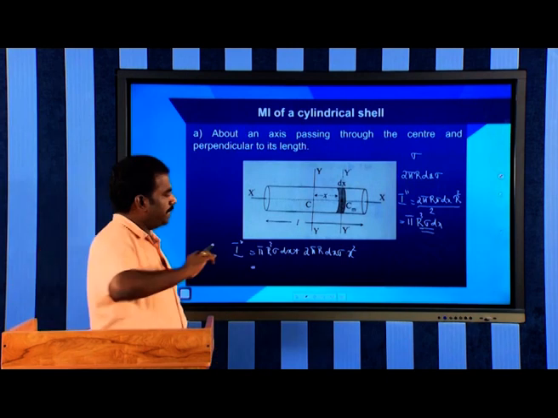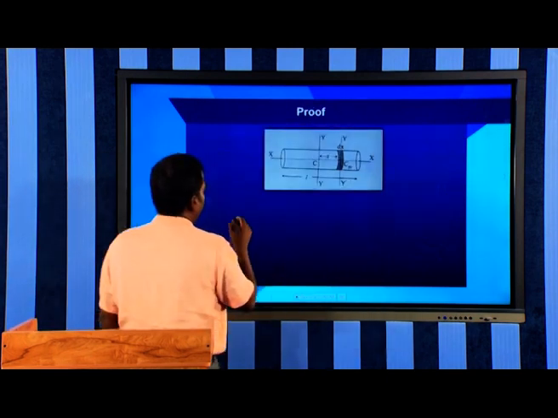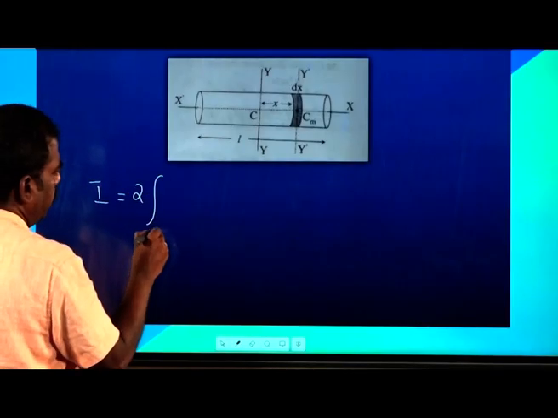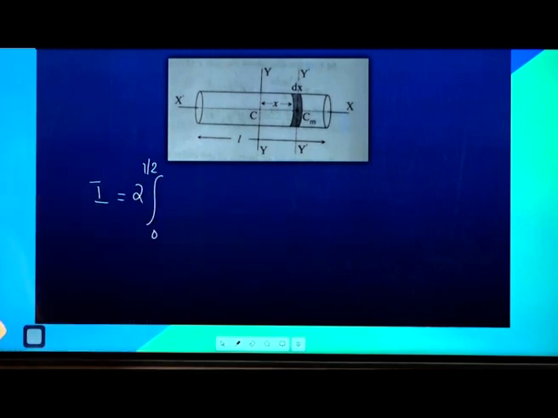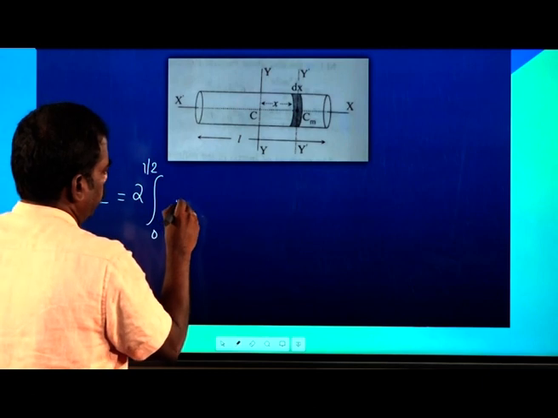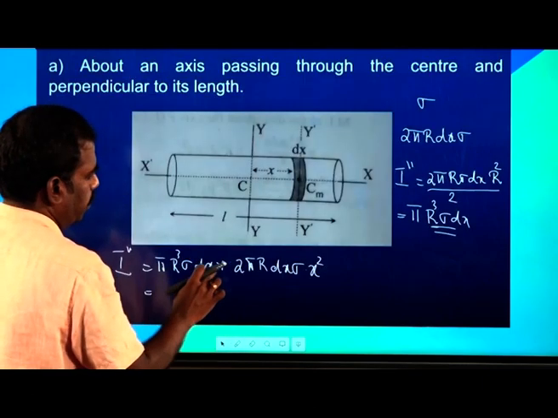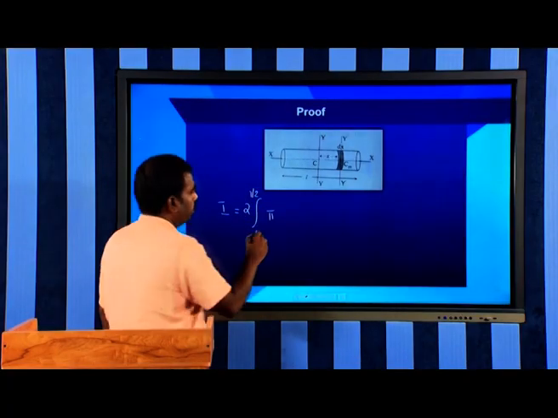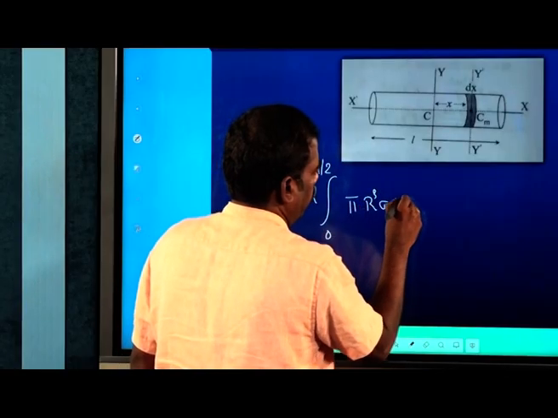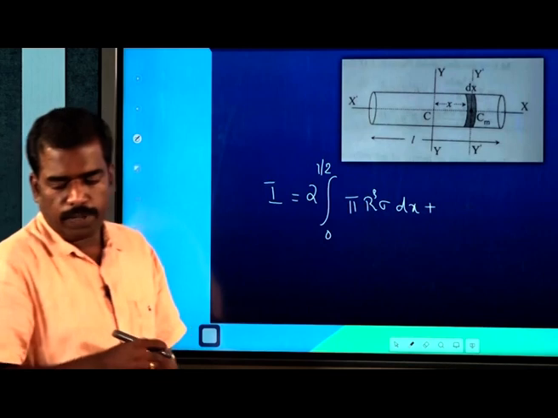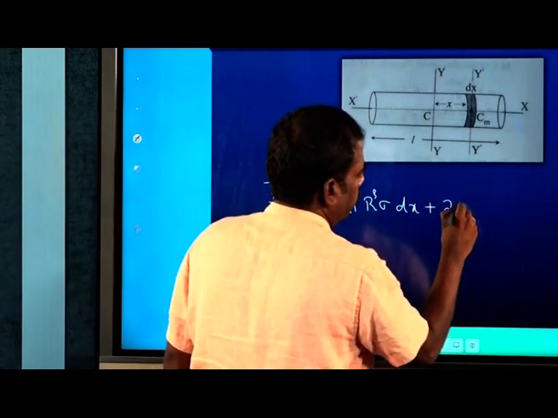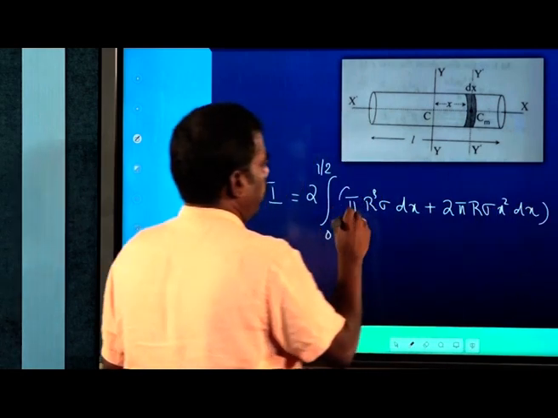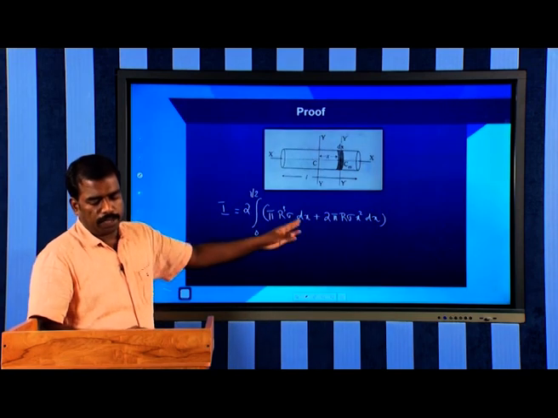Then what we will do next, we need to integrate this expression so that we will arrive at the final expression. The same steps, so that we will get I equal to 2 into the integral from 0 to L by 2 of pi r cube sigma dx plus 2 pi r sigma x square dx.